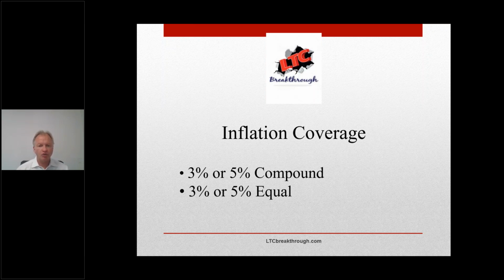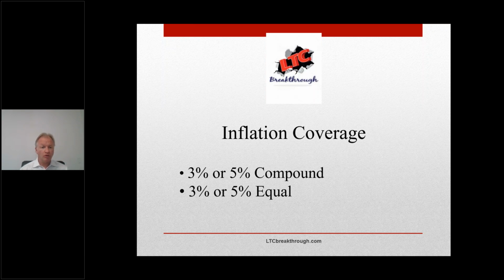So if you have a 3% compound inflation option on your policy, your monthly benefit and your lifetime maximum would both grow by 3% every year. And so if you had, as an example, a $1,000 monthly benefit and it grew by 3%, that would be $1,030 next year as your monthly benefit. Now in the following year, in year 3, it would take 3% of the $1,030.